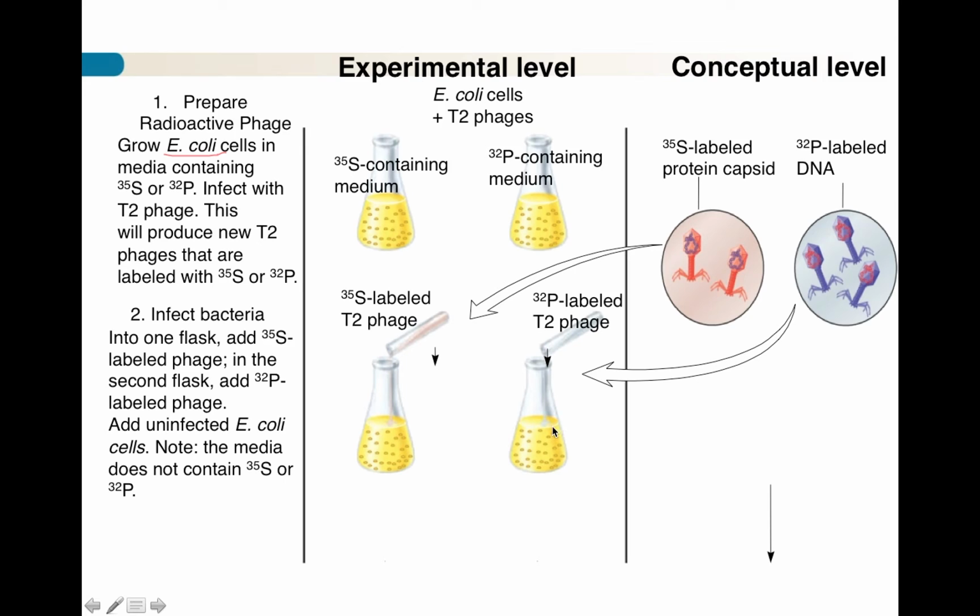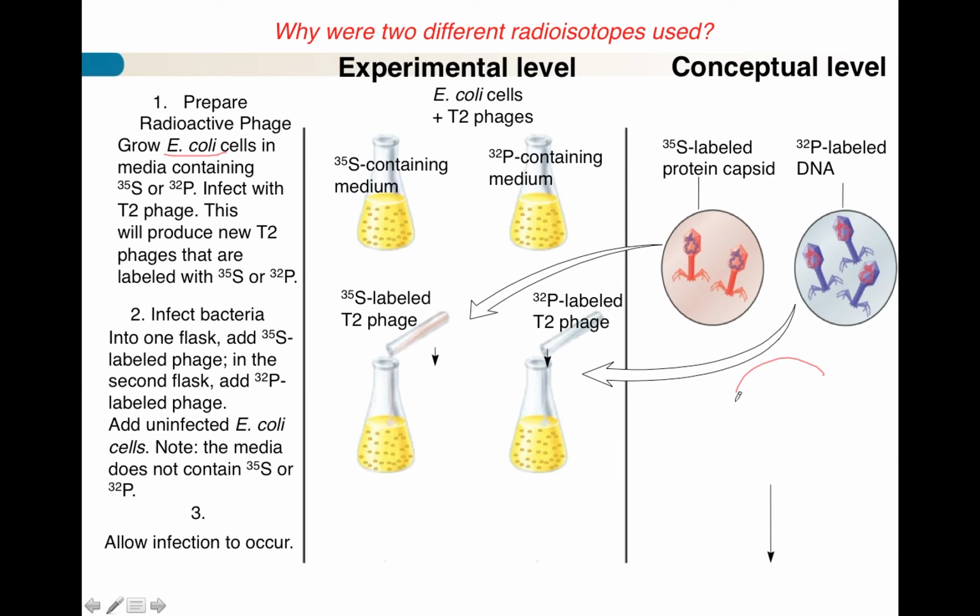And you are going to allow the infection to occur briefly, just long enough so that your phage particles have enough time to sit down on the surface of the bacteria and inject their DNA into the bacteria, but not long enough for them to replicate and burst open the bacterial cell.